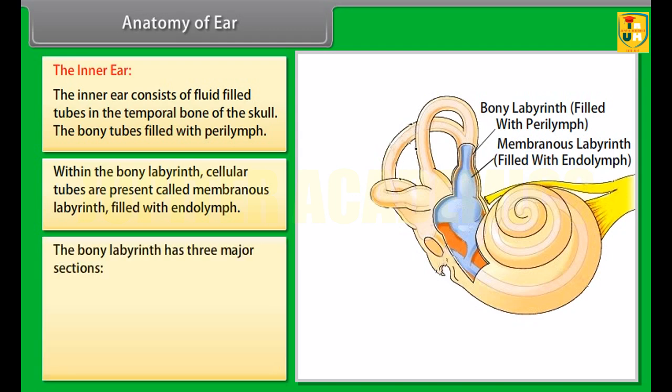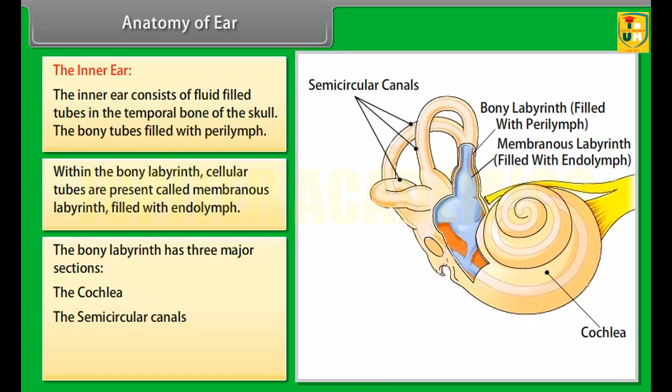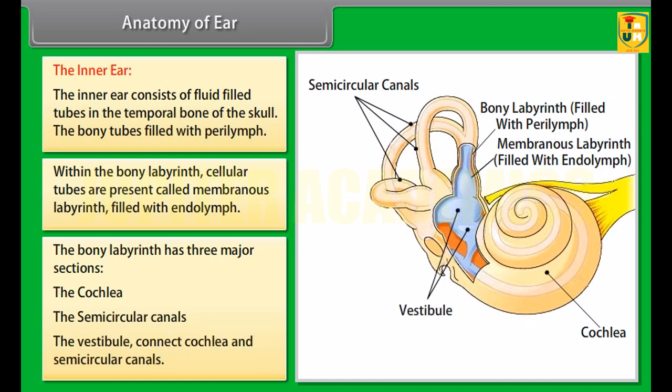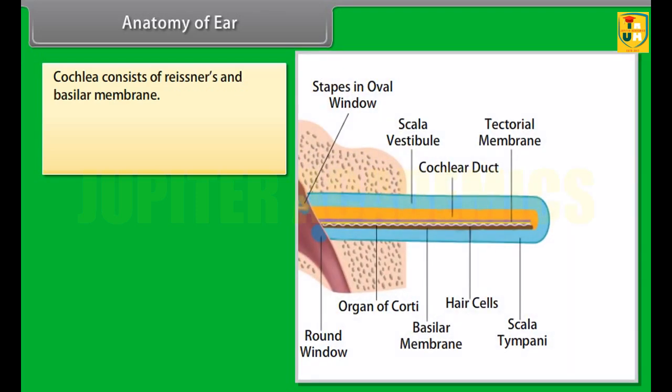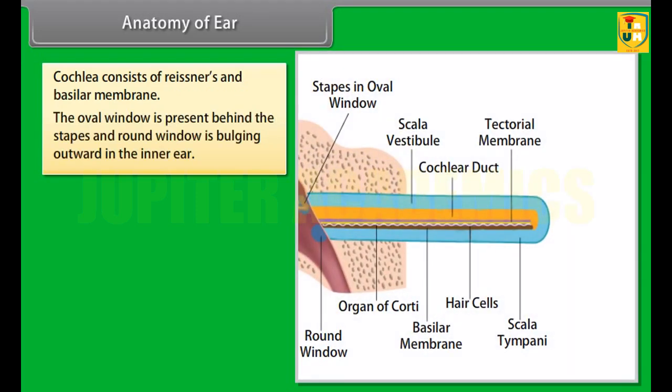The bony labyrinth has three major sections: the cochlea, the semicircular canals, and the vestibule connected to the cochlea and semicircular canals. The cochlea consists of the scala media and the basilar membrane. The oval window is present behind the stapes, and the round window is bulging outwards in the inner ear.